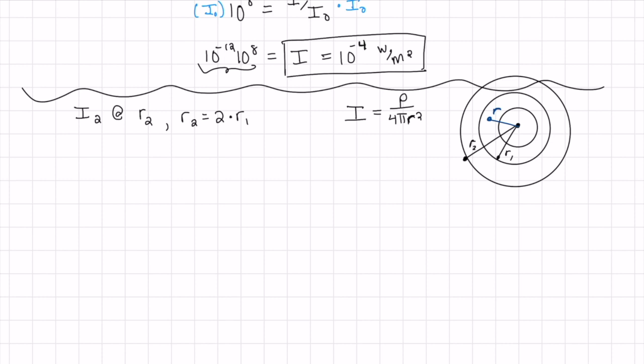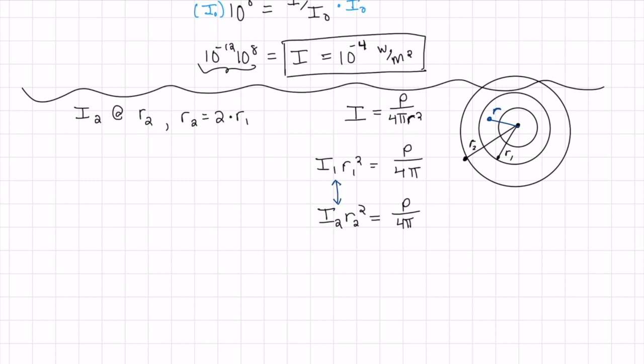So if we have the same power source, then I1 times R1 squared would be power over 4 pi, and I2 R2 squared, so just multiplying that R squared from the equation above, we can see that since these two things are equal to power over 4 pi, we can set these two equal to each other.